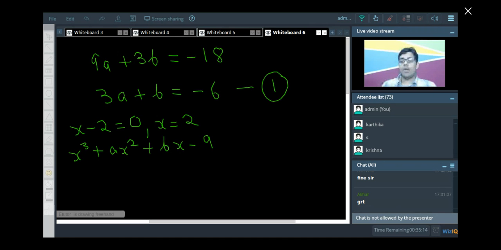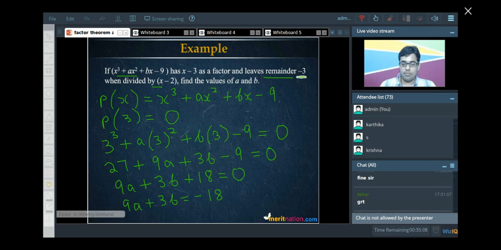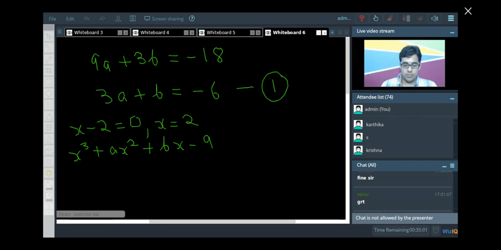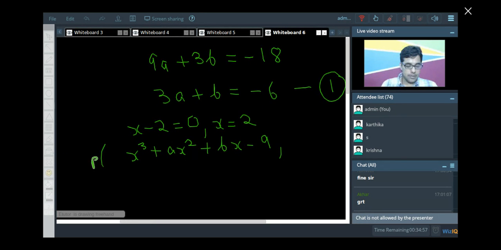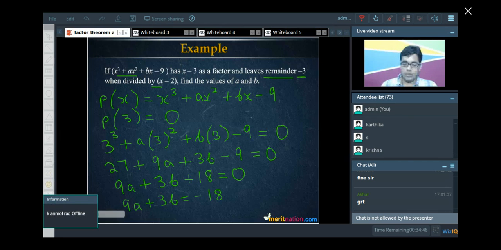Now, putting the value of x as 2 in this given polynomial, the remainder becomes how much? Remainder is minus 3. According to the remainder theorem, P of 2 is coming as minus 3.